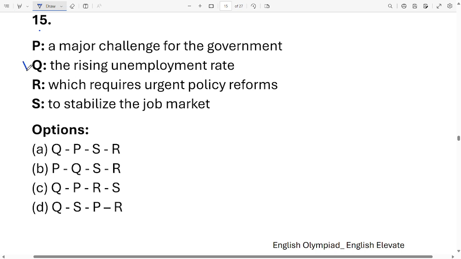Okay, first is Q, the rising unemployment rate, a major challenge for the government to stabilize the job market, which requires urgent policy reforms. So our combination is Q, P, S, R, which is option A.